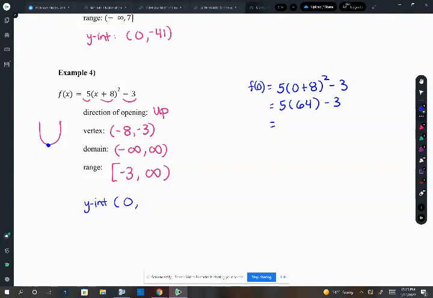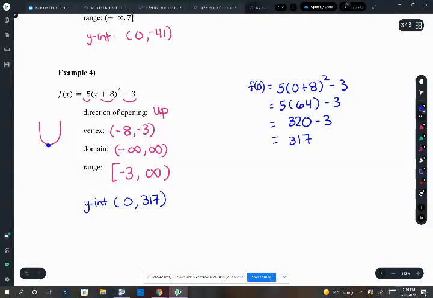Yes. Is it always the best option? No. So this is 320 minus 3, so it looks like 318 or 317. I probably should make sure that's right. 5 times 4, 20, 32. Yeah. All right. And then subtract 3, 317. So that would mean your y-intercept is 0, 317. When your numbers are that big, it doesn't really help you to graph. But it is an option if you were asked to graph it.